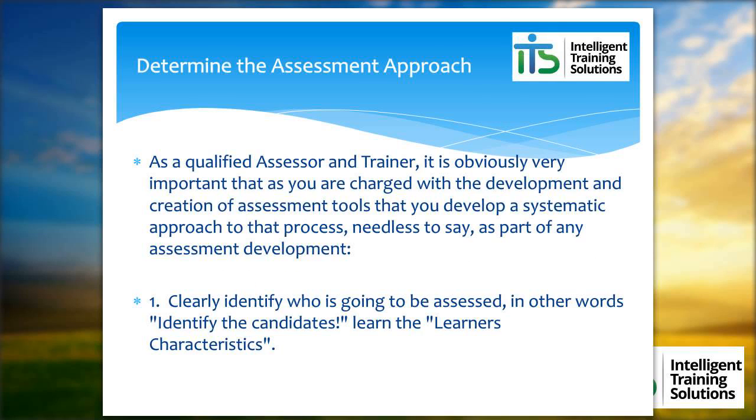As a qualified assessor and trainer, it is obviously very important that as you are charged with the development and creation of assessment tools, you develop a systematic approach to that process. And when it comes to the first step of that, clearly identifying who's going to be assessed, or identifying the candidates, is so important. We need to learn the learner's characteristics.